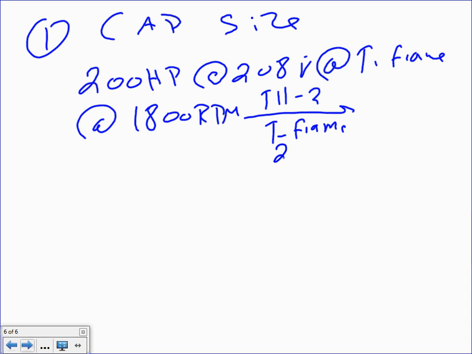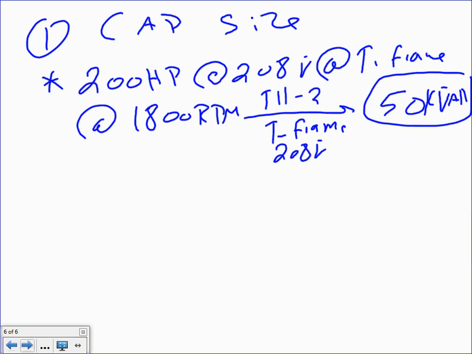And also 208, don't worry about the 208. That will get you directly from the table 50. That's step number 1. 50 kVAR. That's the first 50.